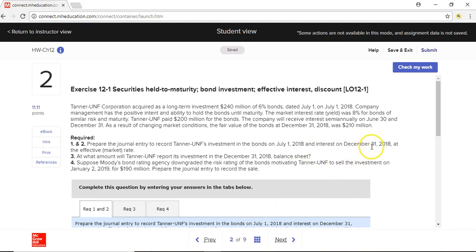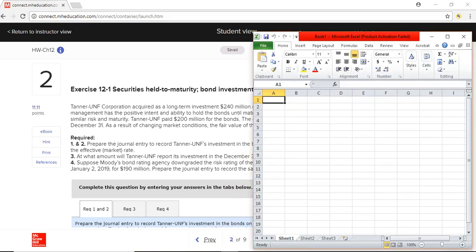The interest will take an amortization table, since they didn't tell us to use the straight line method to account for interest. So pull up an Excel sheet to do the amortization table. Date, cash column, effective interest column, difference column, outstanding balance column. They first purchased these bonds on July 1st, 2018.